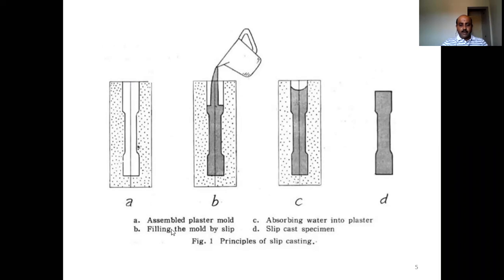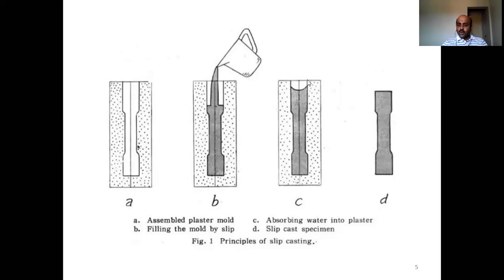Then B, filling the mold by slip. This is the slip. After applying a protective coating over the POP mold, you slowly pour the slip into the POP mold, filling it completely.